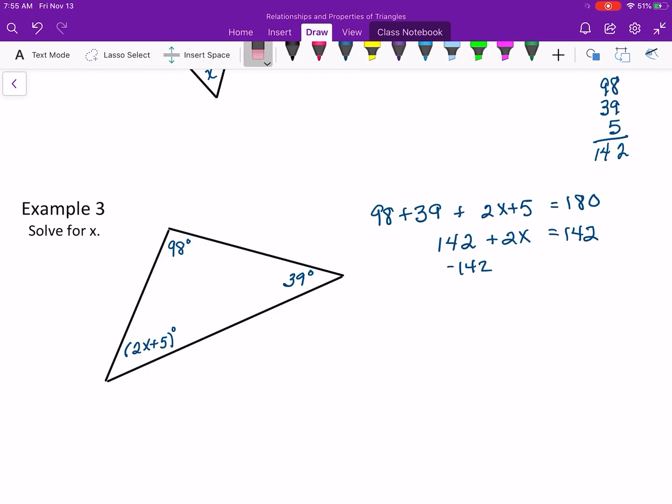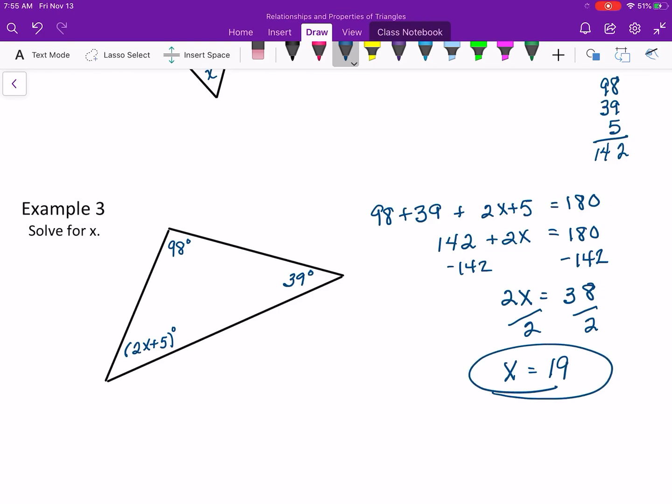Did you catch the mistake I made? I'm thinking ahead. Sorry about that. Let me put the 180 back in. There we go. Now, subtract the 142 from both sides of the equation. We have 2x equals 38. And then divide both sides by 2. X equals 19. There is our answer.